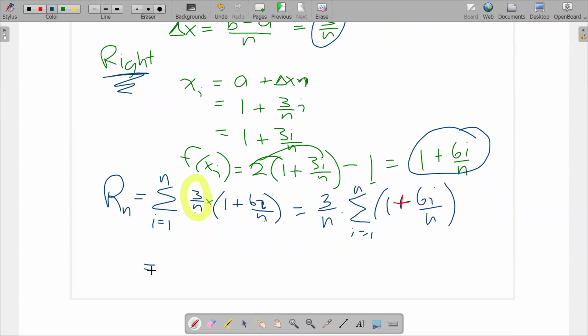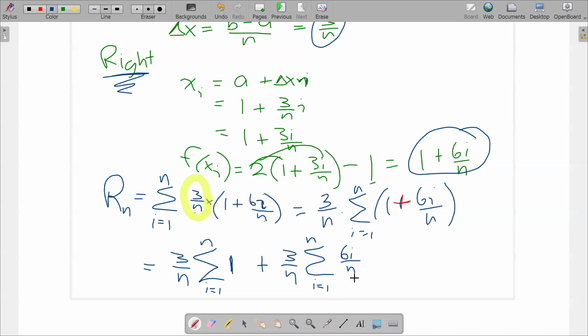So we're going to get 3 over n times the sum as i goes from 1 to n of just 1, sorry, not i, 1, plus 3 over n times the sum as i goes from 1 to n of 6i over n.